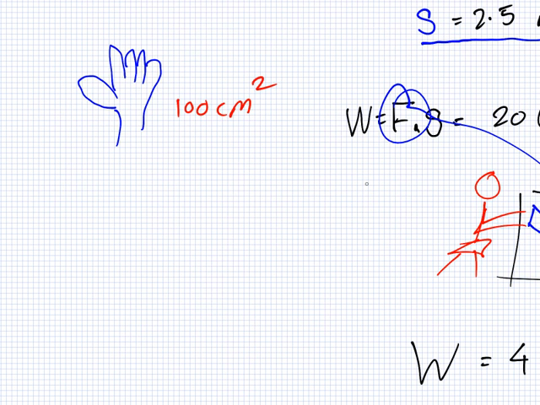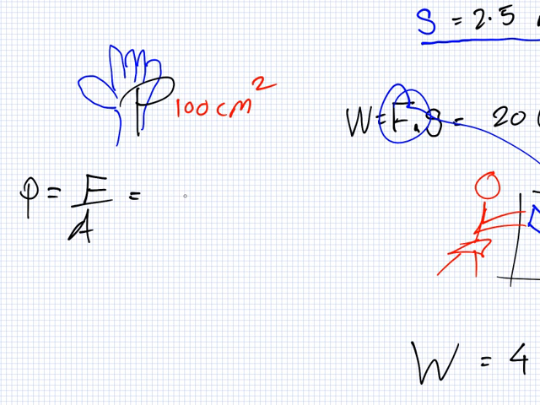What is the pressure on her hand? Okay, so what's the formula for pressure? Force over area. Now what's the force here?